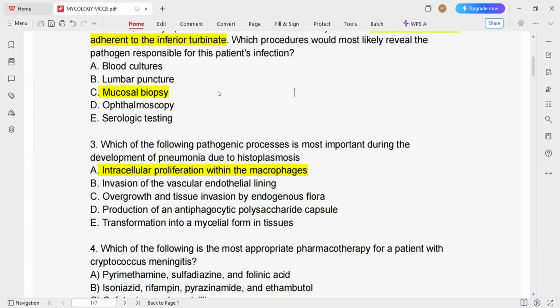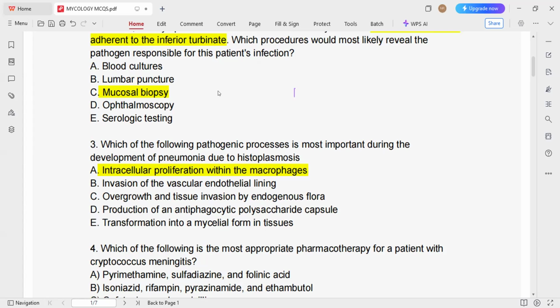So the fungi I'm talking about are the ones that cause pneumonia: histoplasmosis, blastomycosis, coccidioidomycosis, paracoccidioidomycosis. Those are the dimorphic fungi. Also, Candida is dimorphic. So this statement, transformation into a mycelial form in tissues, that is false.